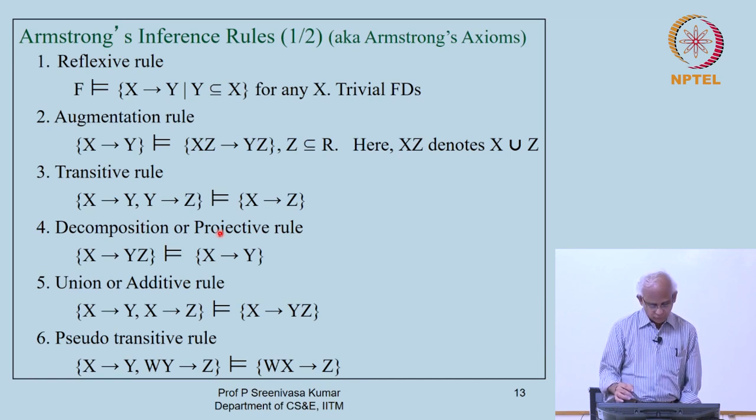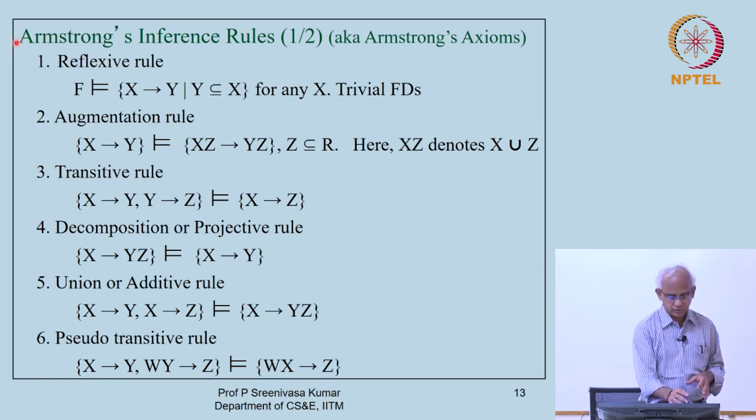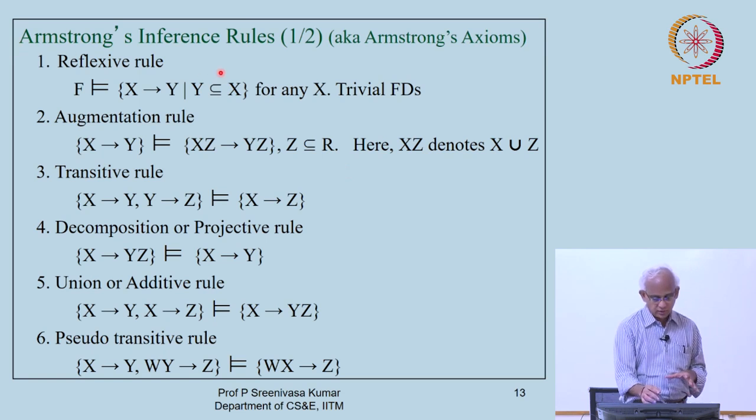Okay, so basically, what is happening here is that there are some functional dependencies that can be logically derived from the given set of functional dependencies, and this researcher Armstrong has postulated certain rules.